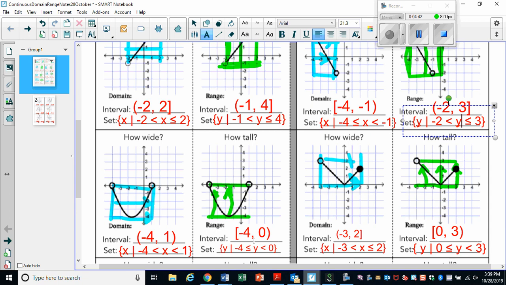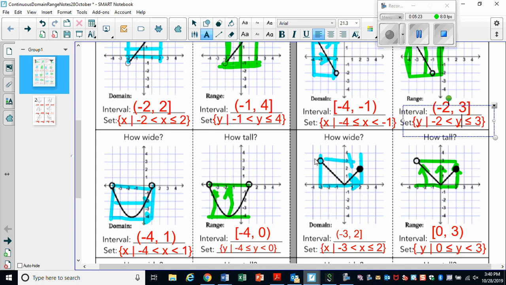Now for the range, even though we don't see an open or closed circle, since it touches y equals -4, that will be our lower boundary for our interval for the range. And we will use a square bracket for the -4. However, notice at the height, it ends at y equals 0, and in both cases we have open circles. So 0 gets a parenthesis, and our set is y such that -4 is less than or equal to y, but it's strictly less than 0.